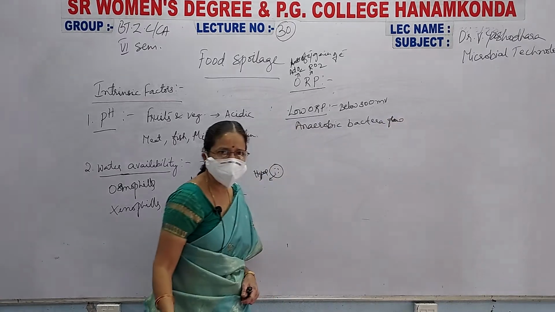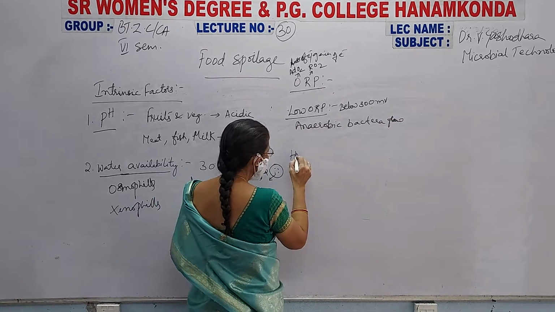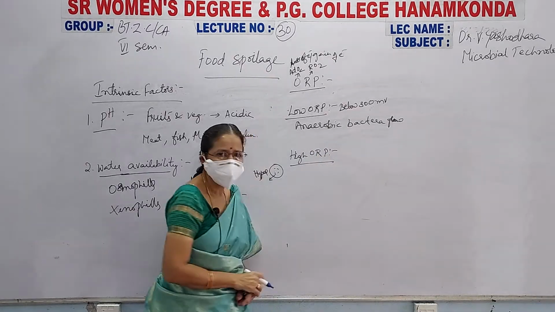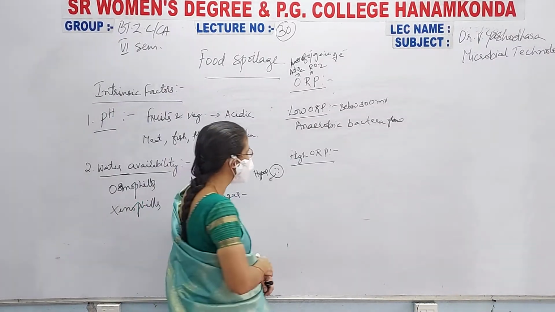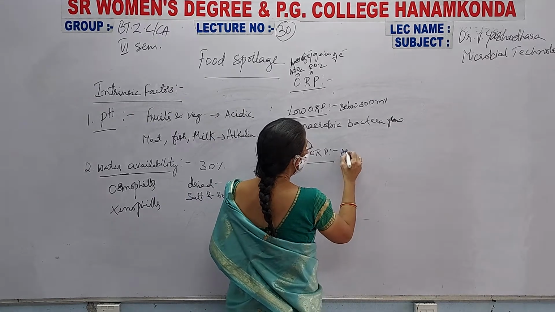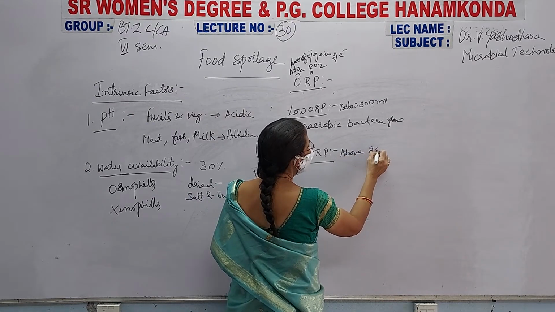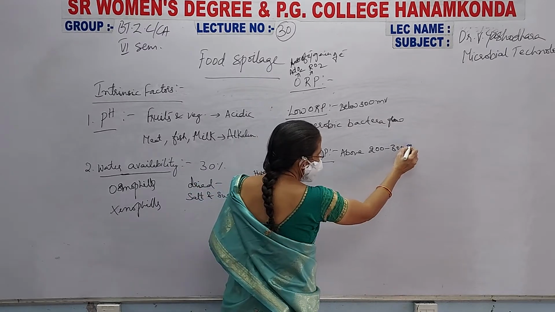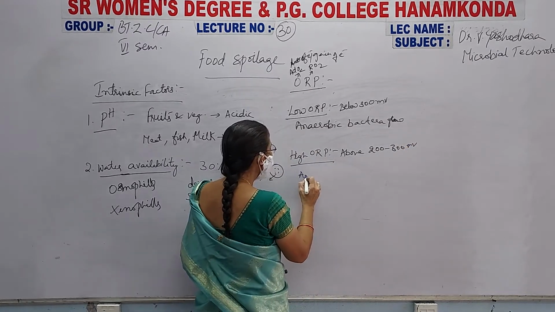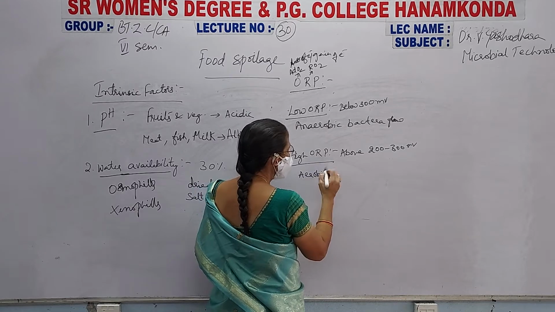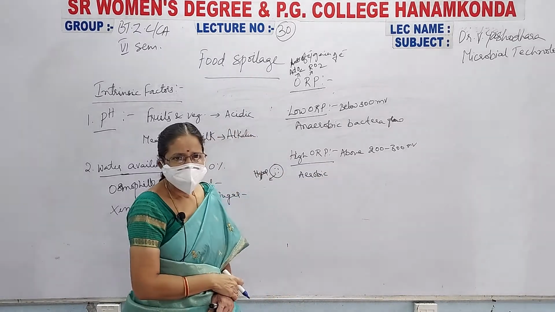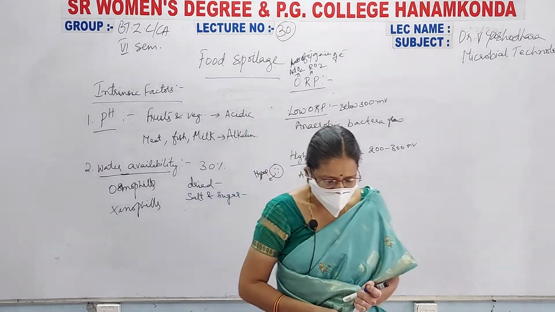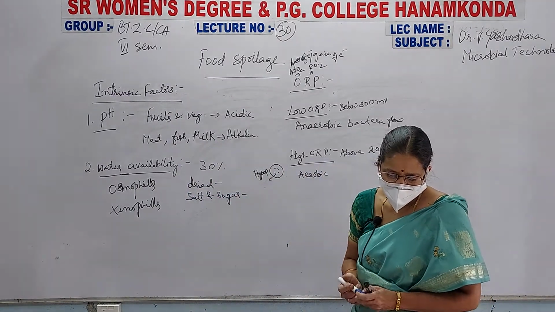Example is your Clostridium. When it is high ORP, that is high oxidation reduction potential, it will be above 200 or 300. Here aerobic bacteria will grow. The anaerobic bacteria grow at low ORP, and aerobic bacteria grow at high ORP.